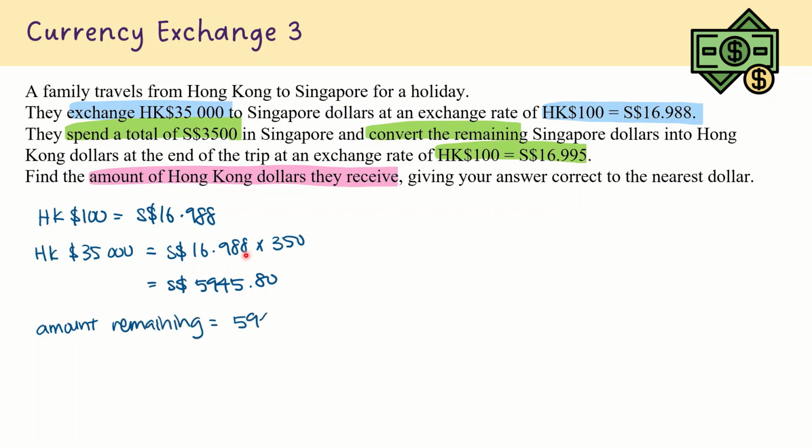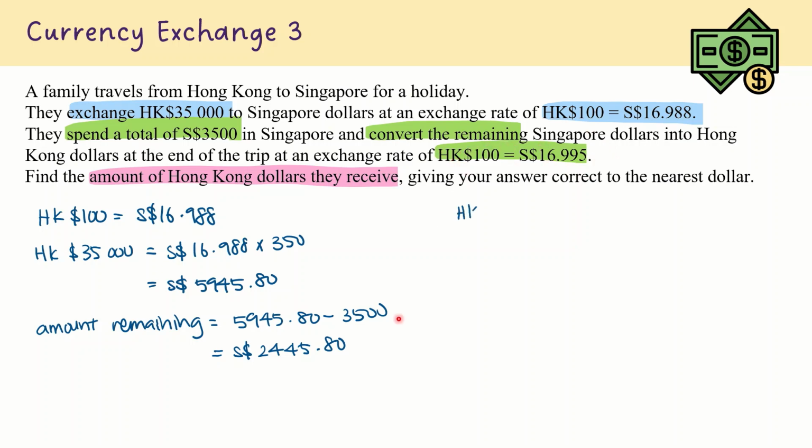So I will then take 5945.80 minus 3500, and keeping to the unit, which is in Sing dollars, that is $2,445.80 in Sing dollars. But now I need to do an additional step, which is to convert it into Hong Kong dollars, and I will need to use the exchange rate in green.